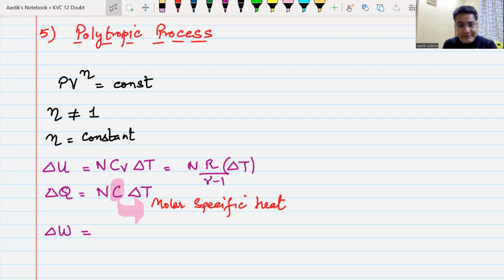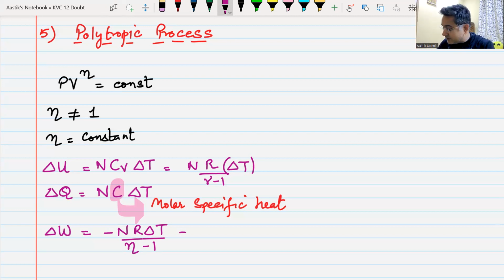Can anyone try? Okay, so the work done in this process can be written as minus nR delta T upon eta minus 1. That is correct.